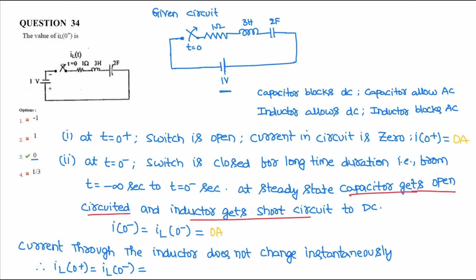The current through the inductor does not change instantaneously. The current IL of 0 minus is 0 amperes. Therefore, current IL of 0 plus is also 0 ampere. So correct option is 3. The value of current through the inductor IL of 0 plus is 0 amperes.